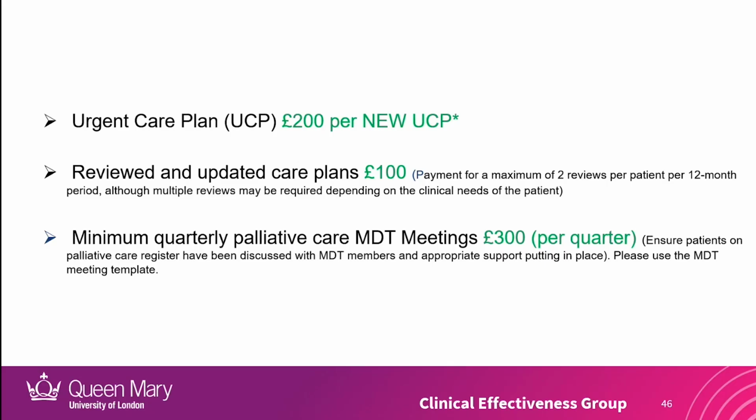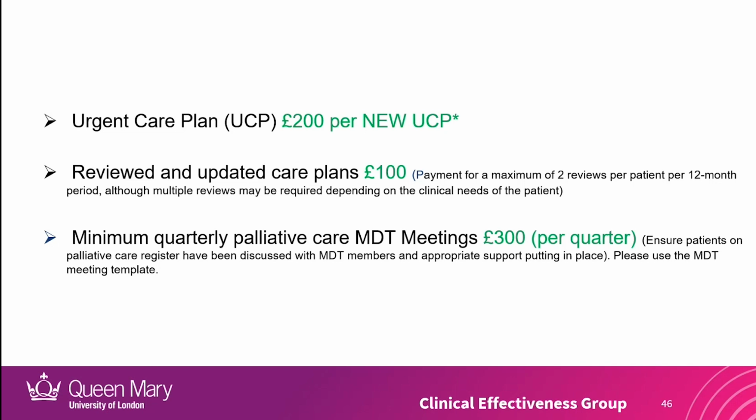And then you need to do a review on the patients and also keep their care plan up to date. You can receive £100 per review or care plan that you do, but it is capped at a maximum of 2 reviews.